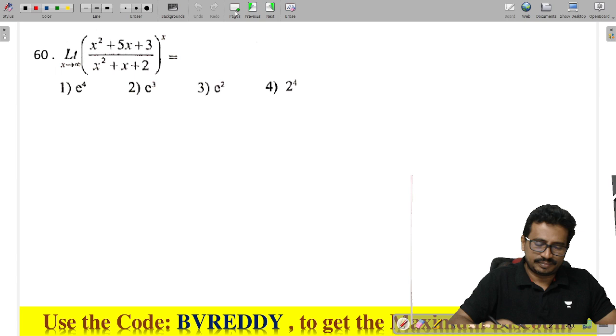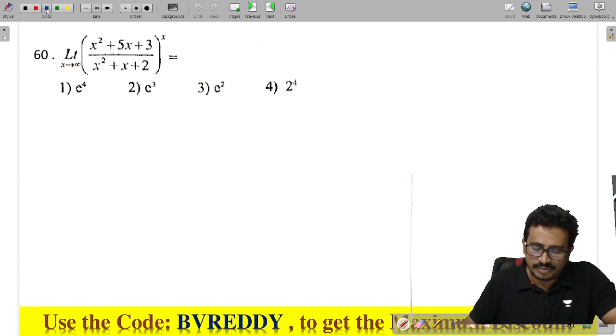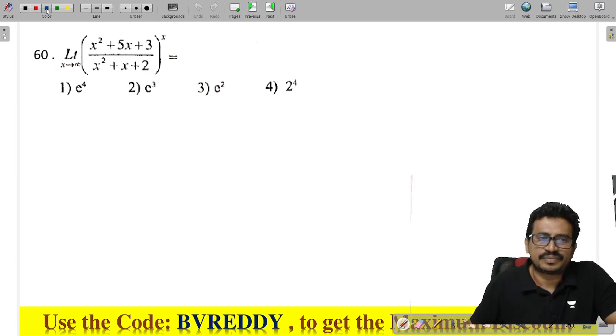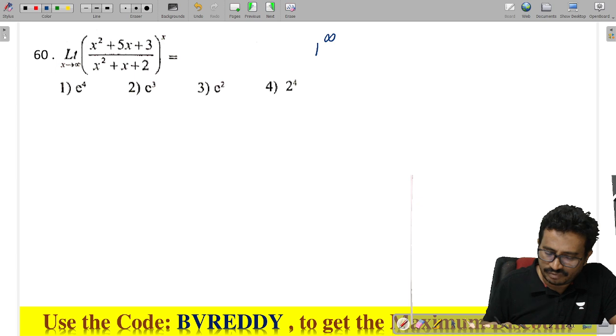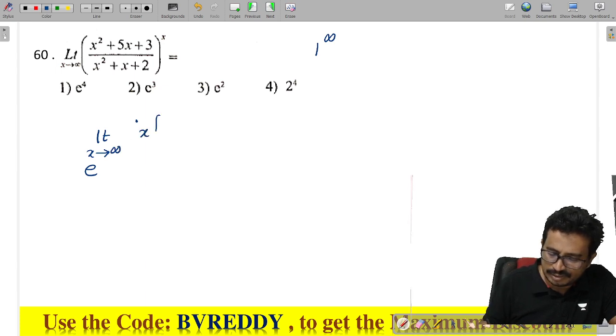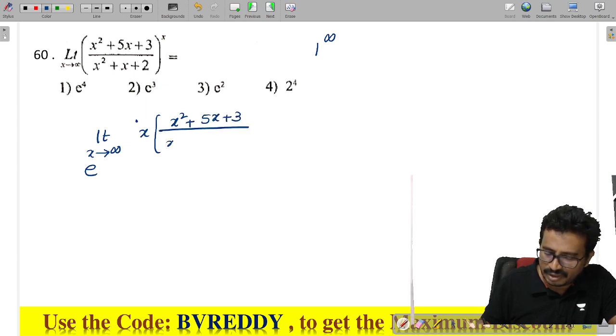Next problem. Now you see this thing, limit x tends to infinity, what happens? Now here you can see it is a 1 power infinity form. So then it is given as e power limit x tends to infinity. Tell me now here, x into (x square plus 5x plus 3 by x square plus x plus 2 minus 1).